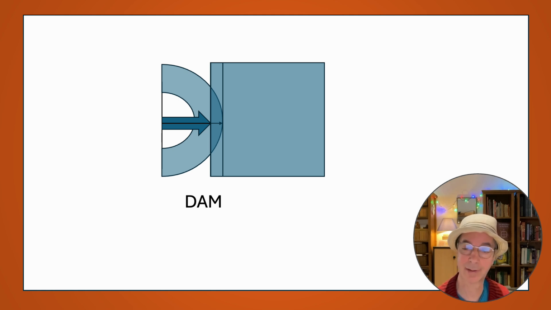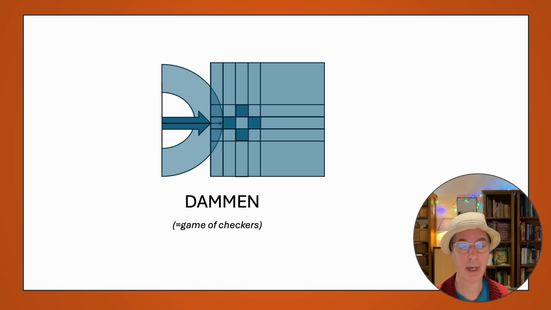But this is about dammen, or the game of checkers. And with the N are always the smaller parts that come out of the big one. In this case, we know the pattern of the game board, so it's not necessary that it is this form.